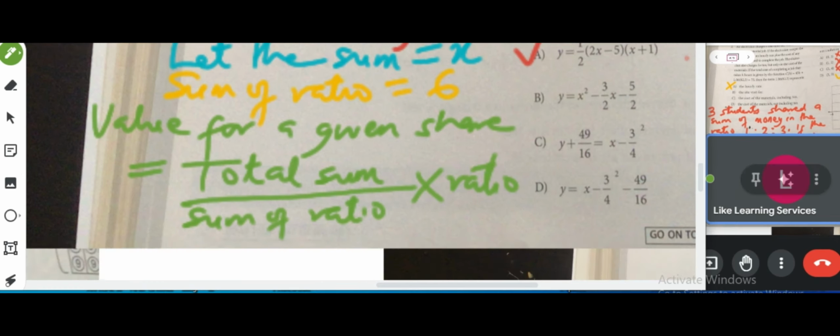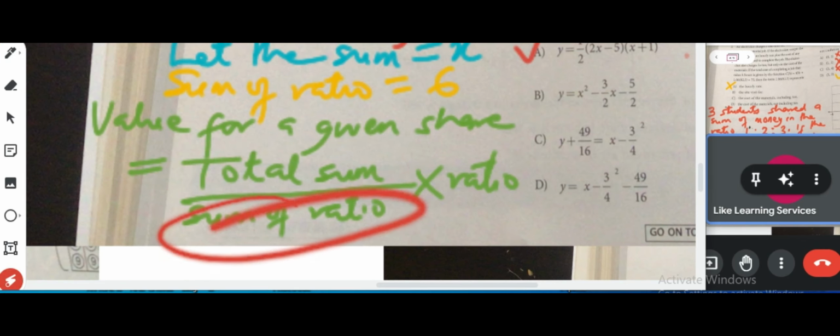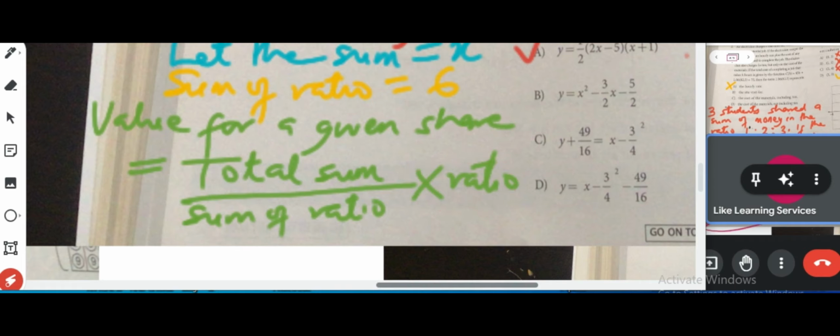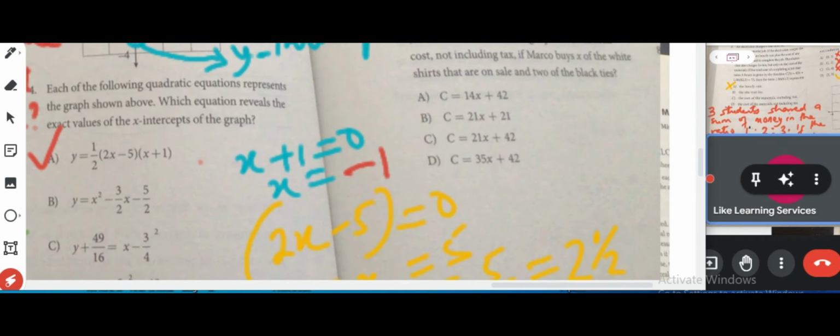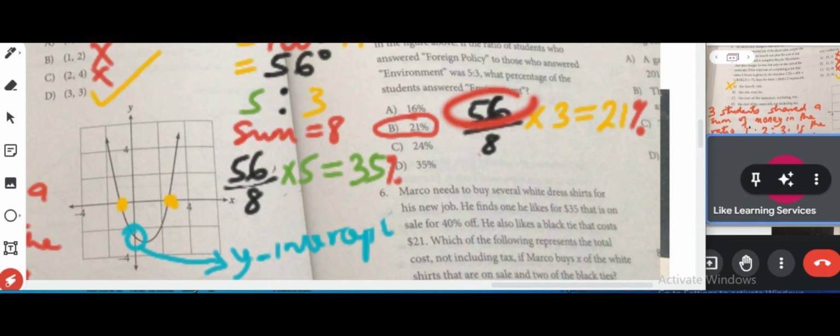Is it not what we do? What we did in the other one? Total divided by sum of ratio times the ratio. That's what we did here, if you remember. Like the total, we're working with 56 divided by sum of ratio 8 times that particular ratio to give us the share for the other one.